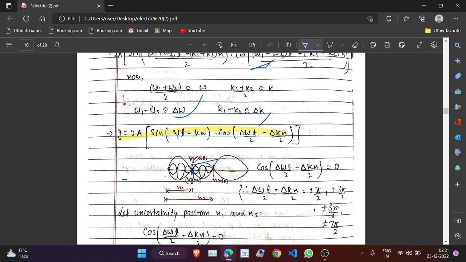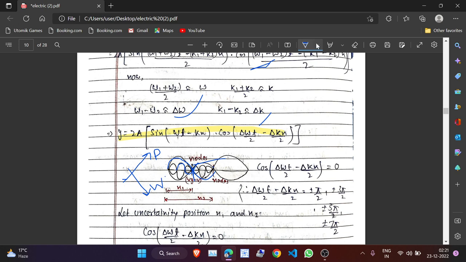This is the direction of the wave, and this is the direction of the particle. So the wave moves like this, and the particle moves like this. This is the velocity of the particle, and this is the velocity of the wave.